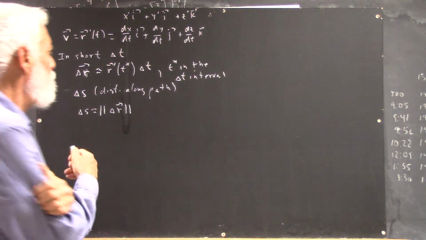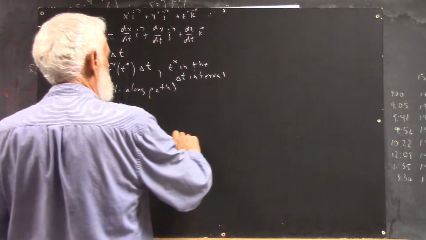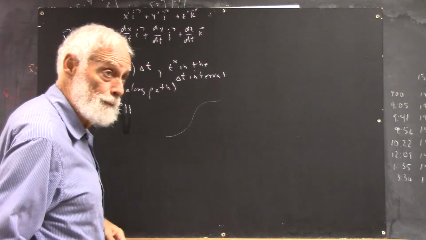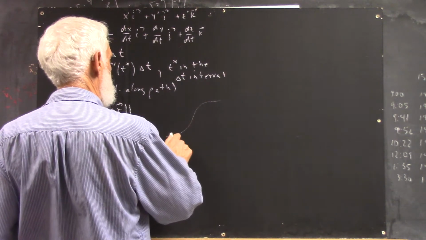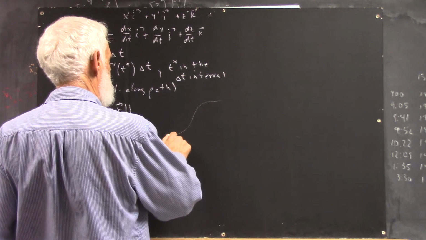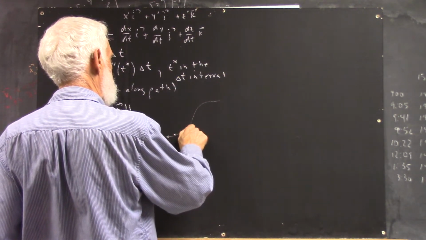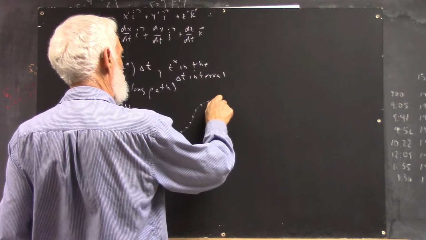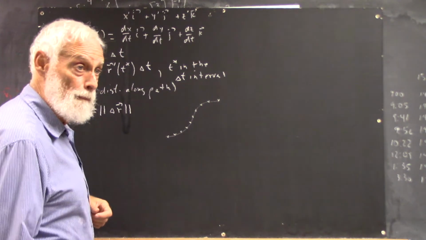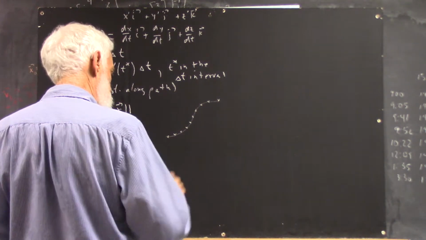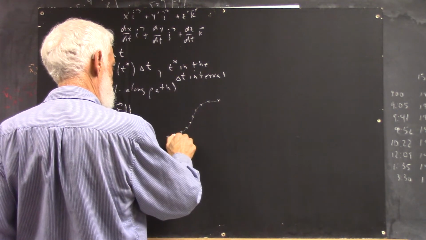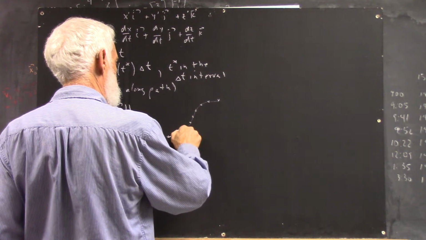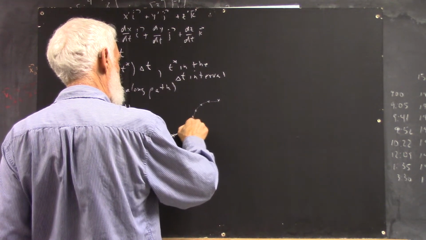Okay, now, if you have a path, let's say here's your path, okay? And you have a bunch of short time intervals. Let's say you have time intervals that take you from one point to the next. Okay? Well, you're going to get a bunch of vector delta R's, right?